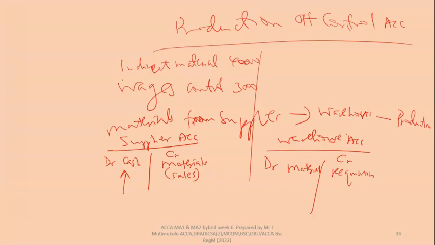Then when the warehouse transfers these materials to production, production receives them into work in progress, so it debits materials and credits the work in progress.